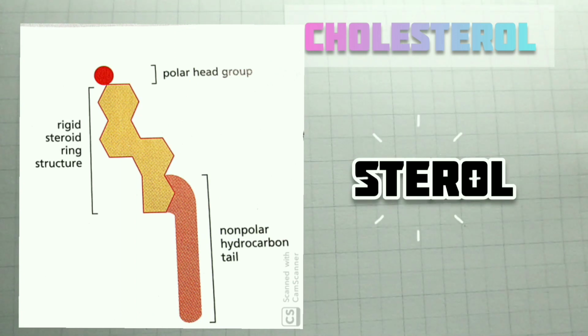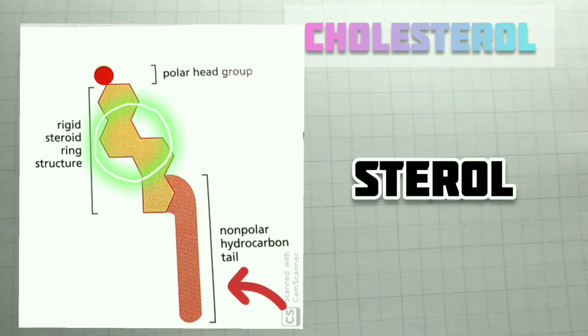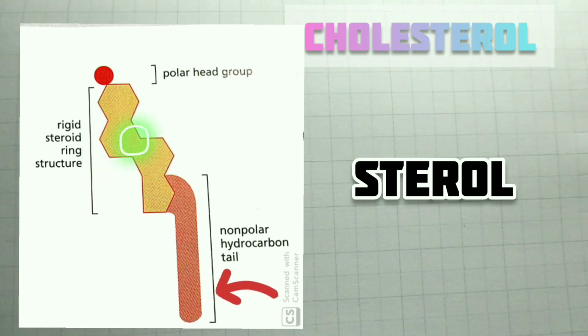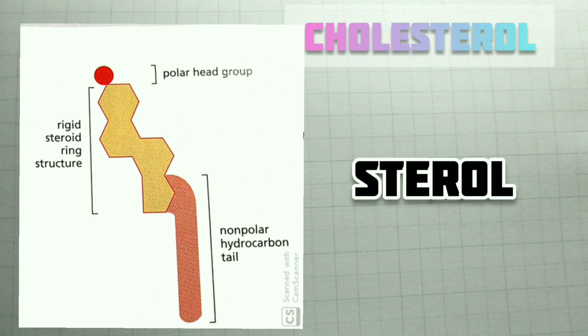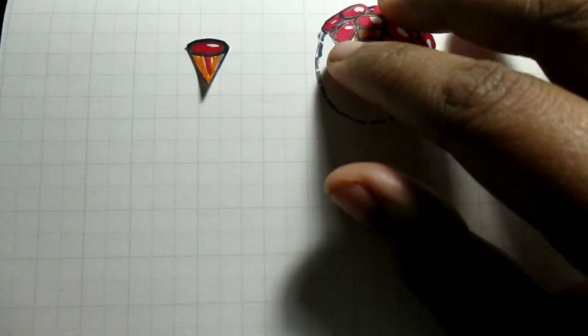It contains a rigid ring structure to which is attached a single polar hydroxyl group and a short nonpolar hydrocarbon chain. The cholesterol molecules orient themselves in the bilayer with their hydroxyl group close to the polar head groups of adjacent phospholipid molecules.